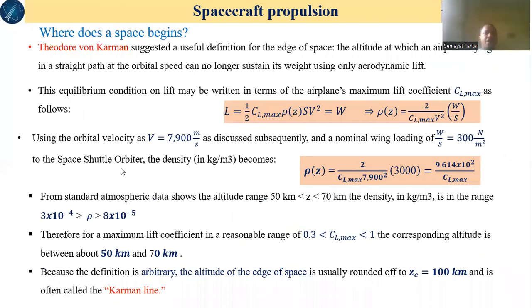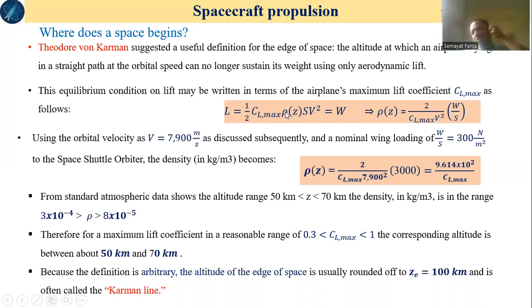So how did Theodor von Karman suggest that 100 kilometers is the outer space zone? He used some aerodynamic equilibrium equations, as I told you, from aircraft design principles. Lift is equal to half times CL max times rho, the density, as a function of Z, the altitude.